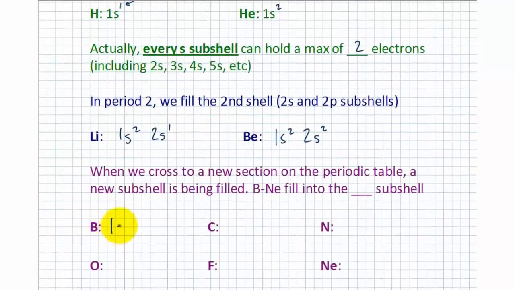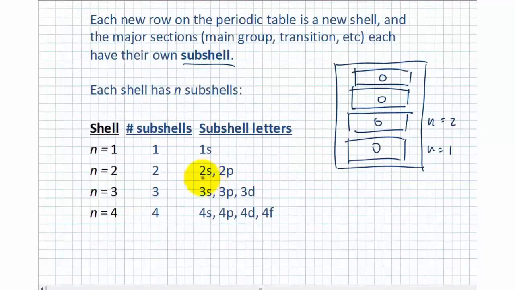So boron will start 1s2, 2s2, but now I've got 1 more electron. This second shell right here has a divider in it. So 2s gets filled up, but then when that's full, we have to start putting electrons into 2p. It's like the other part of that shell.